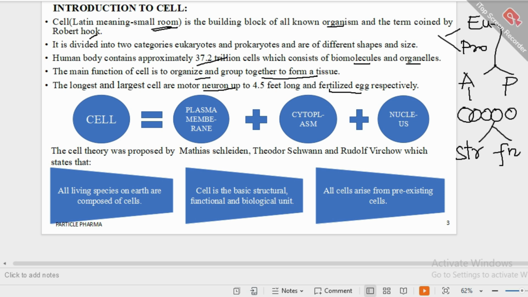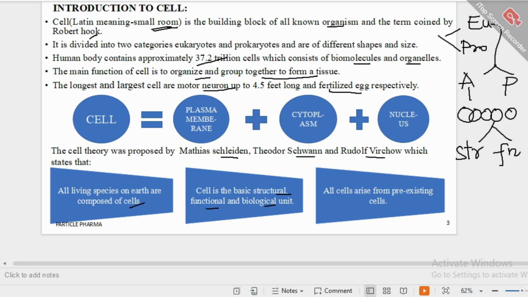The cell theory was proposed by Schleiden, Schwann, and Rudolf Virchow. In brief, they state that all living species on Earth are composed of cells, that the cell is the building block of all known organisms, and that it is the basic structural, functional, and biological unit of an organism. Next, all cells arise from pre-existing cells.